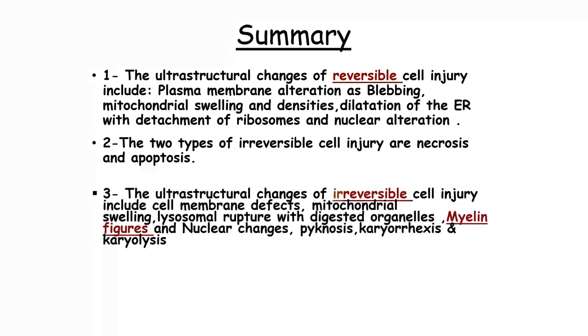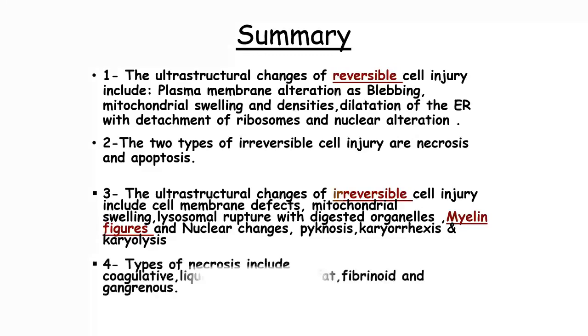The ultrastructure changes of irreversible cell injury include cell membrane defects, mitochondrial swelling, lysosomal rupture, digested organelles, frequent myelin figures, and nuclear changes in the form of pycnosis, karyorrhexis, and karyolysis. Types of necrosis include coagulative, liquefactive, caseous, fat, fibrinoid, and gangrene.